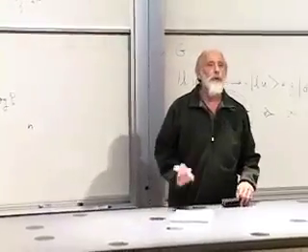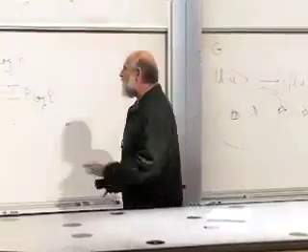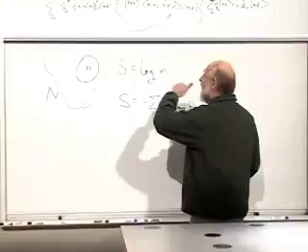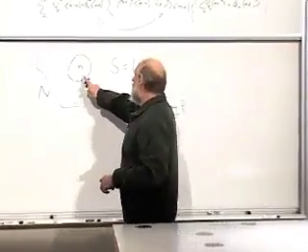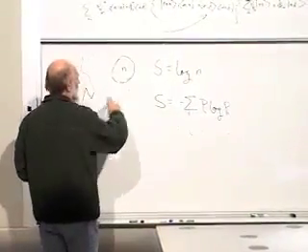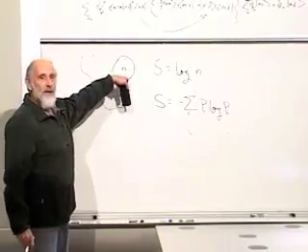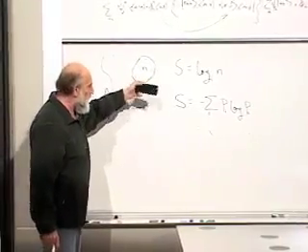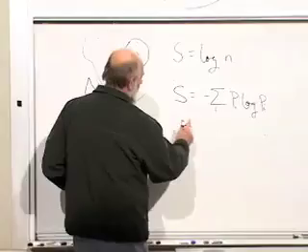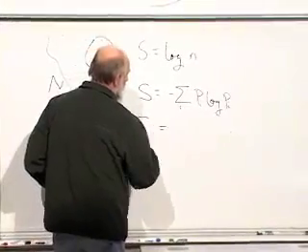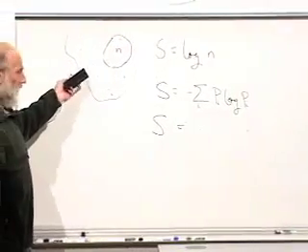Let's do an example. Let's calculate this. Let's go back to the first example here. In the first example, the probability was 0 if you're not in n, and 1 over little n if you are in n. So let's calculate S. S is the sum over all places.